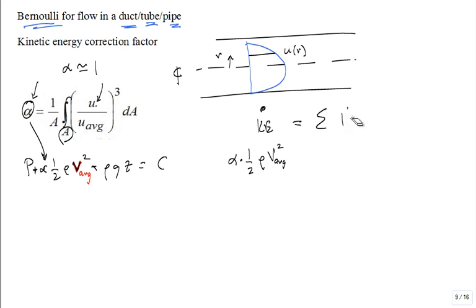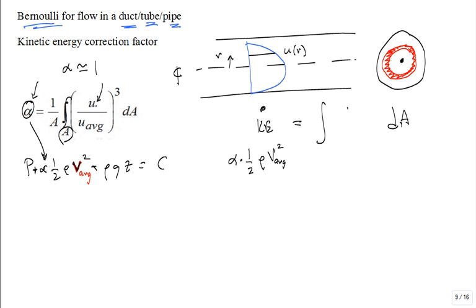So that summation will be done by an integration. This is looking down, and I'll do the same thing that we did before, where this is a little string of area. And everything crossing that little ring has the same speed, hence it has the same specific kinetic energy. True? So what I do is I integrate over little rings of area that have the same speed and the same specific kinetic energy flow rate.